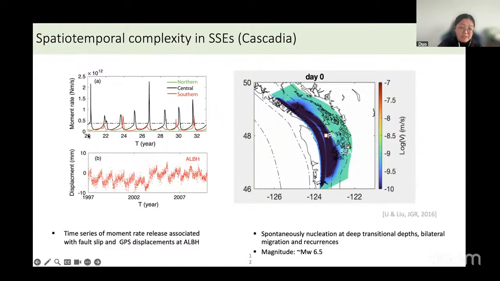The x-axis is the same time scale, and we see the recurrence behavior in the simulation is very consistent with observation. The total moment of the simulated slow slip is equivalent to a magnitude 6.5 earthquake, which is also consistent with what we recorded for slow slip in this area.